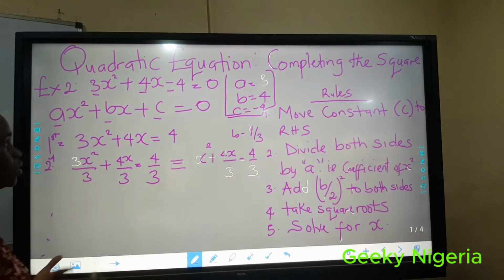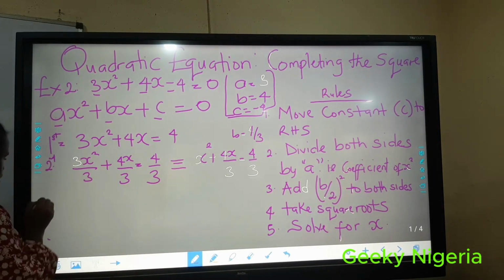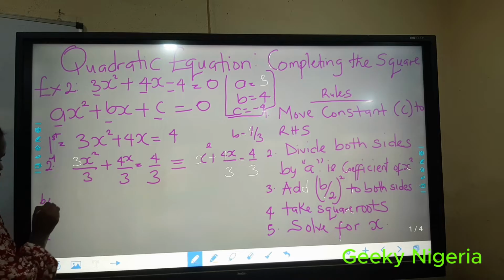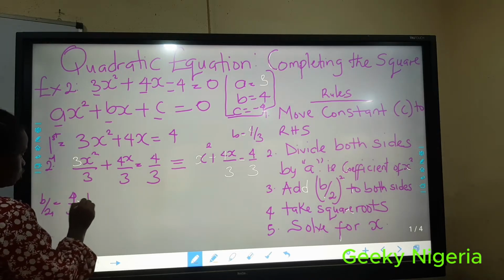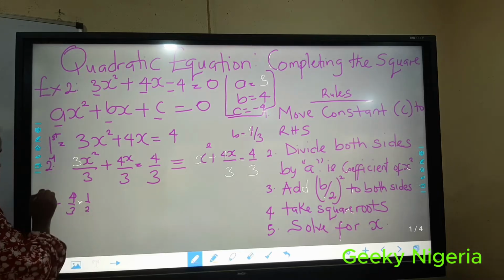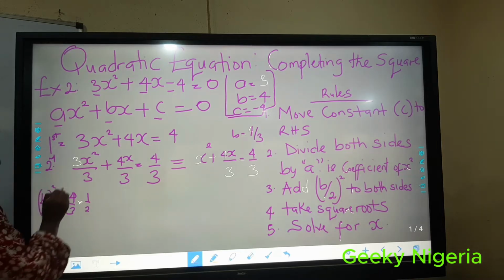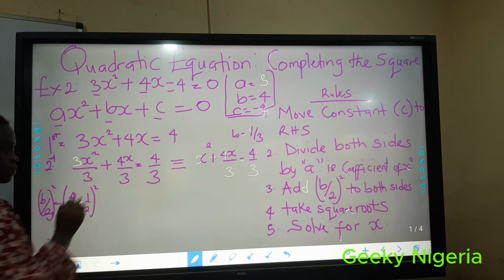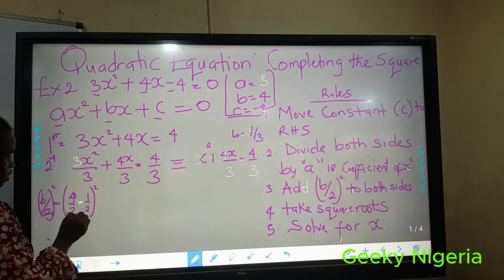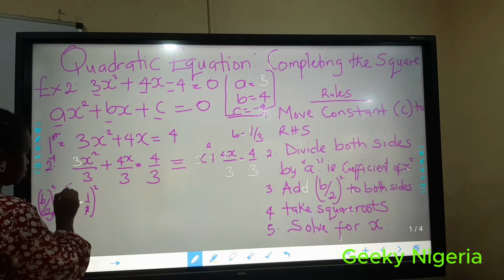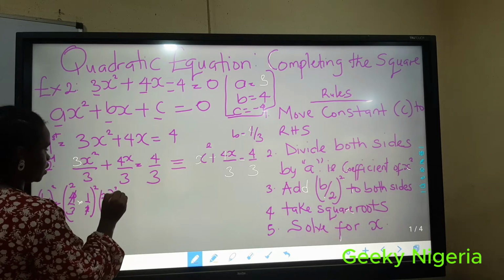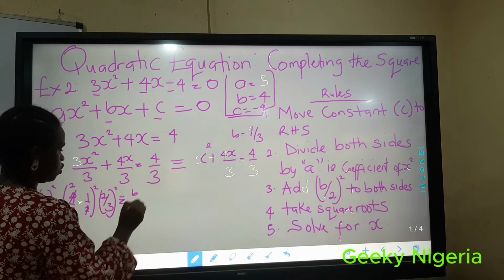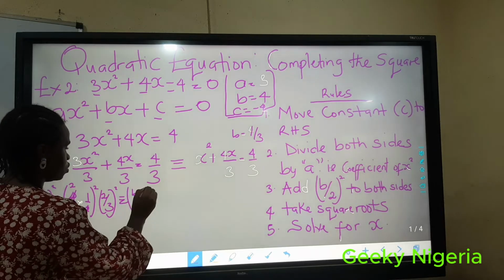So let's identify what's our b all over 2 all squared. Our b all over 2 means we're having 4 all over 3 times 1 all over 2. Now it says b all over 2 all squared, it means we're having all this all squared. If you divide through, you'll be having 2 all over 3 all squared. This is the same thing as our b all over 2 all squared.